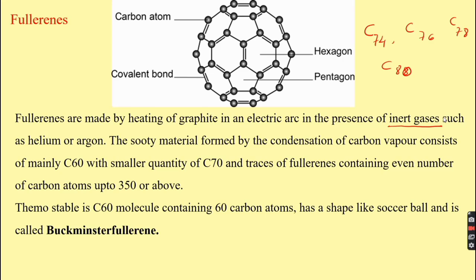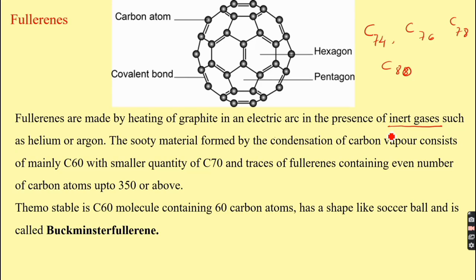The sooty material formed by the condensation of carbon vapor consists mainly of C60 with a smaller quantity of C70 and traces of fullerenes containing an even number of carbon atoms up to 350 or above. So it is prepared by heating graphite in an electric arc in the presence of inert gases like helium or argon.